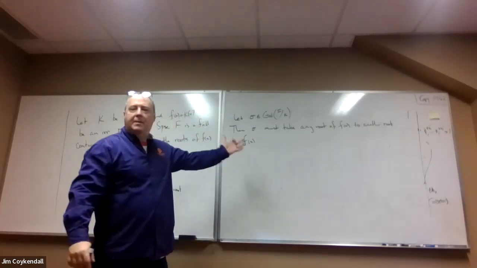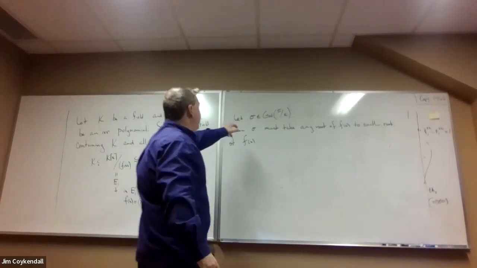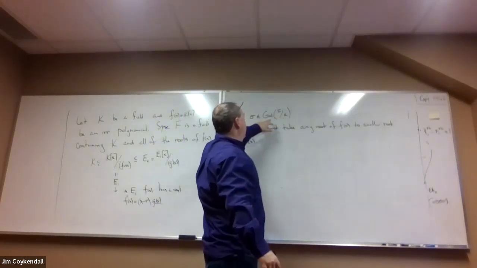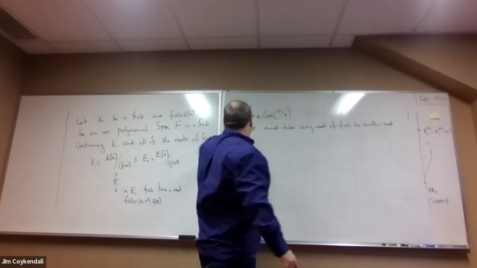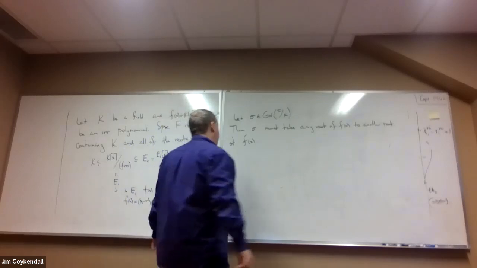This is an incredibly important observation. You have an irreducible polynomial over K, and anything in the Galois group takes a root of f of x to some other root. And let me show you why that's true.